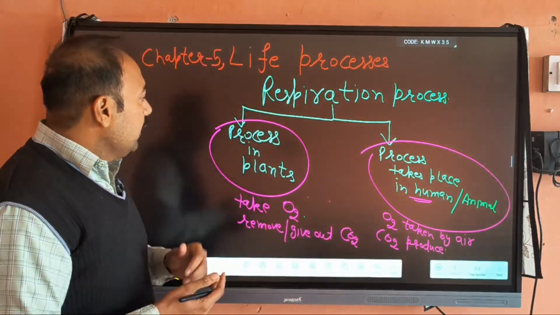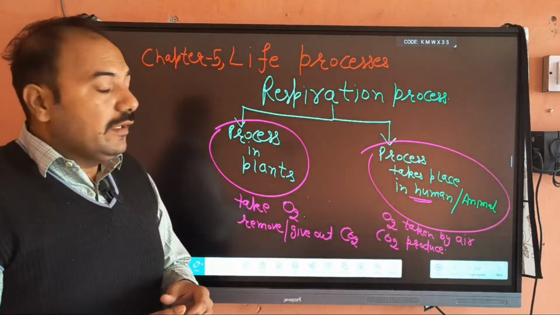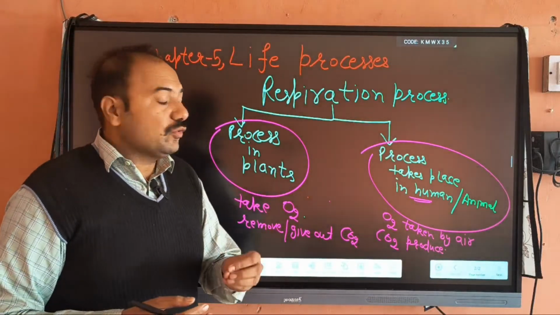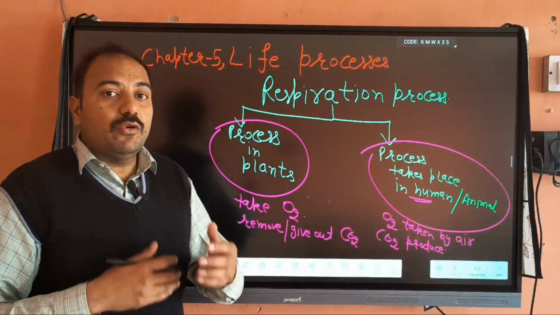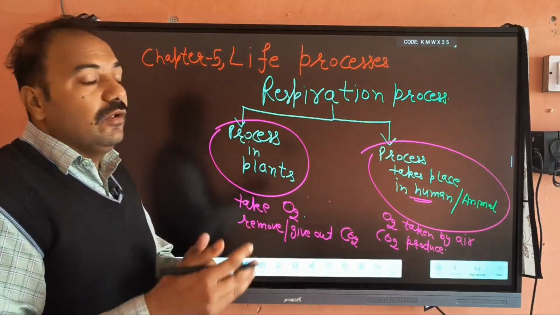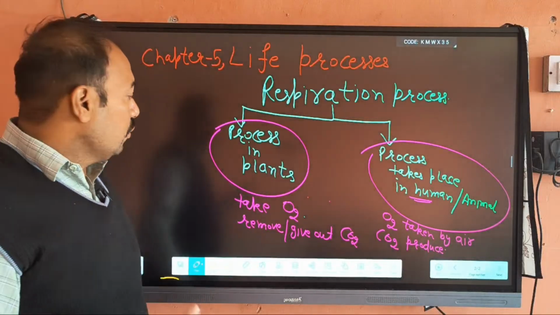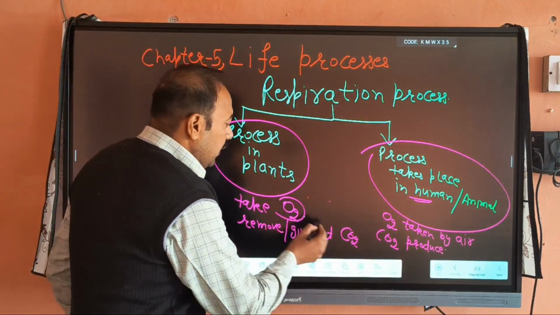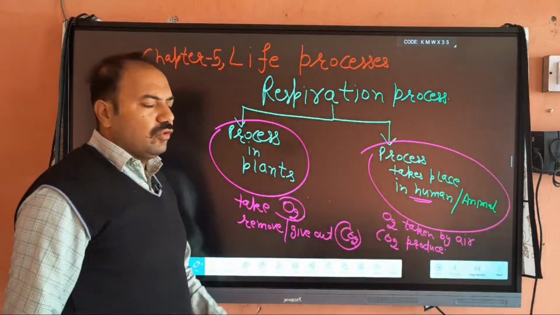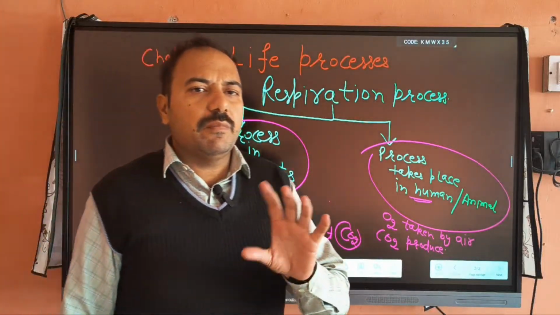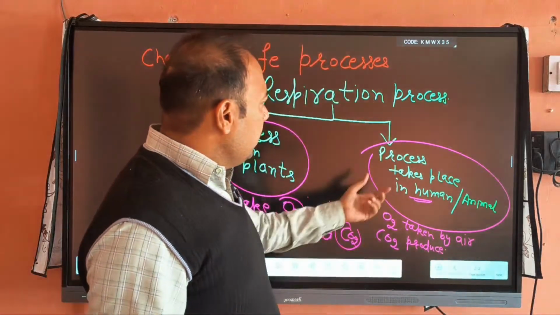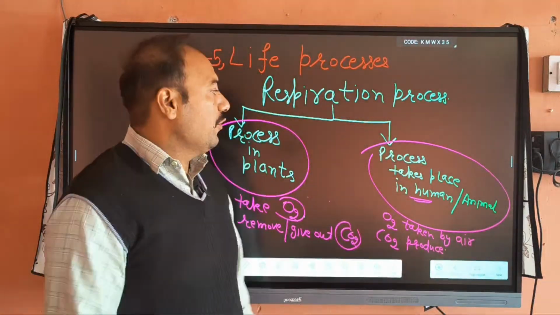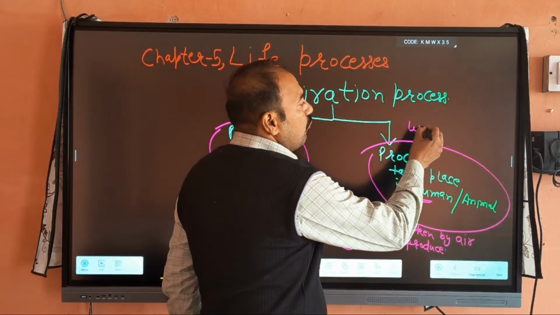In plants, they contain some tissues that are used for taking in oxygen and removing carbon dioxide. Basically, in plants stomata are present in the leaf, and in humans lungs are present.